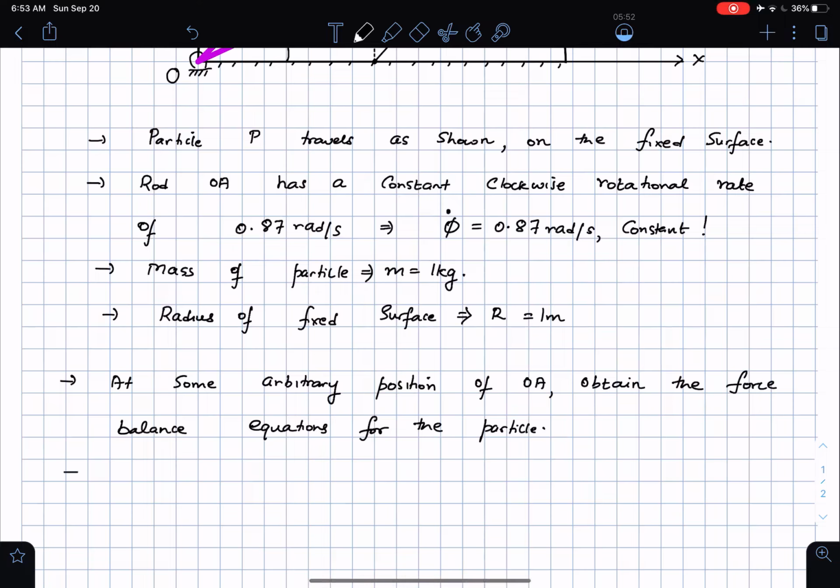And then the second thing is determine the angle phi at which the particle starts to leave the circular path.